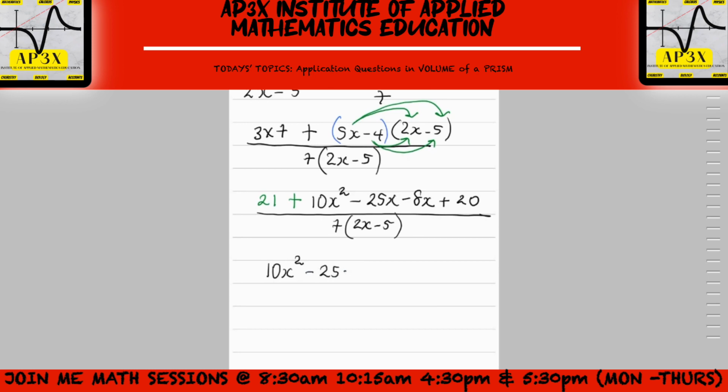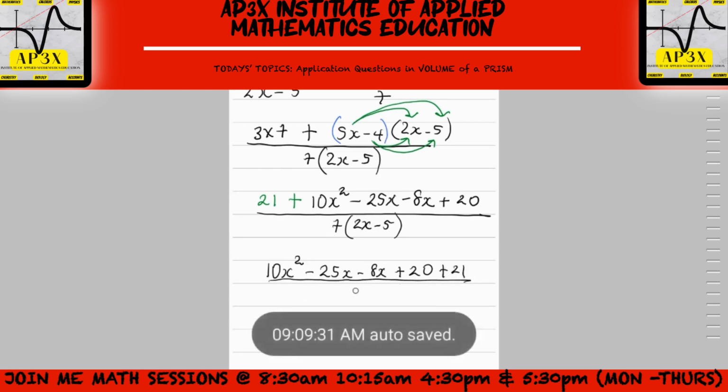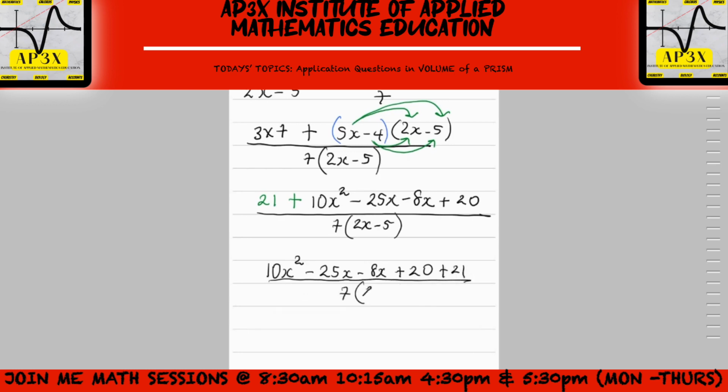Okay, so that's minus 25x minus 8x. You just want to be extra careful, extra meticulous when it comes to getting your answer, because it doesn't take much for you to get this question incorrect. It just takes one incorrect sign and game is over. Okay, and that's going to be over 7 2x minus 5 then.